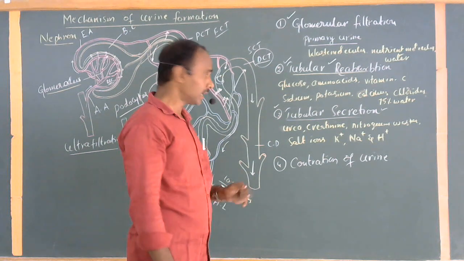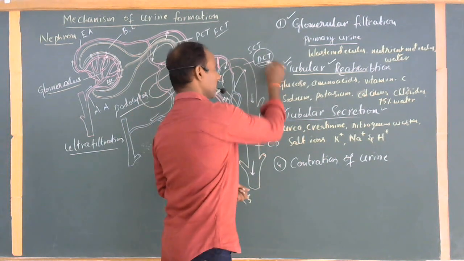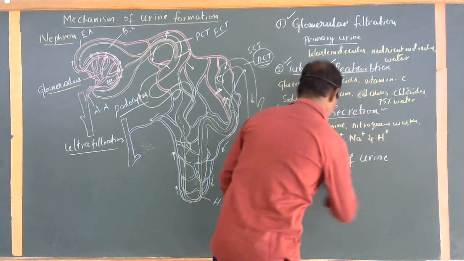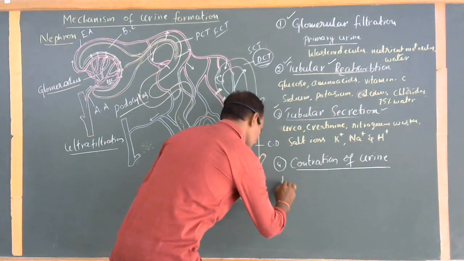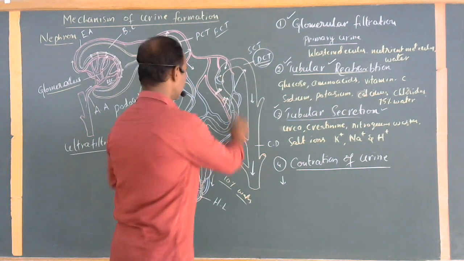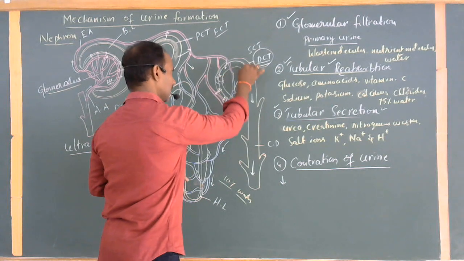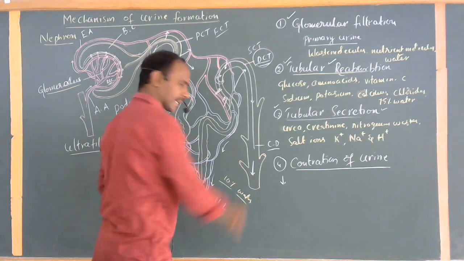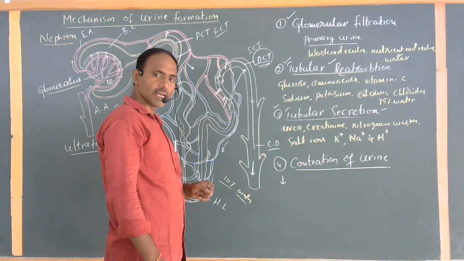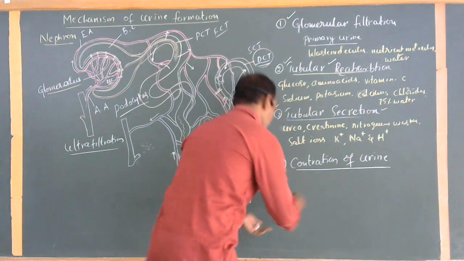Plus one more thing, concentration of urine. This is the last step. How is it possible? The molecules that enter the DCT then enter the next part, commonly called the collecting duct. The walls of the DCT secrete a hormone commonly called vasopressin.